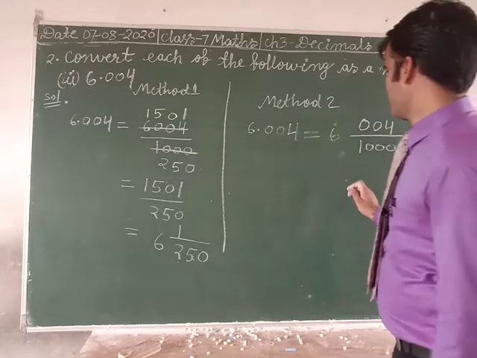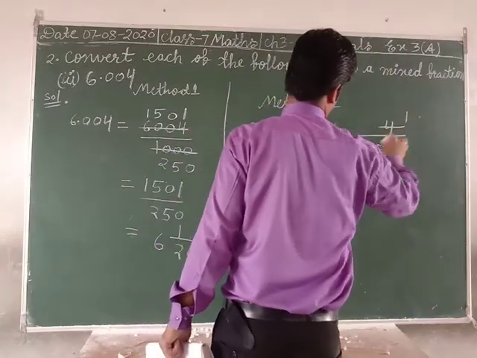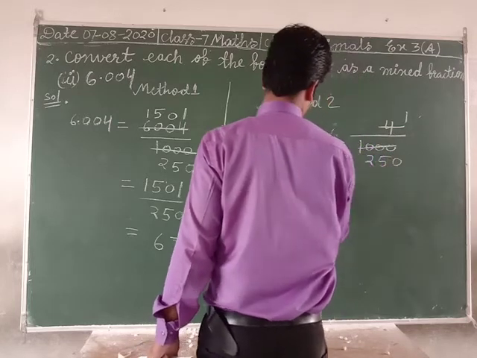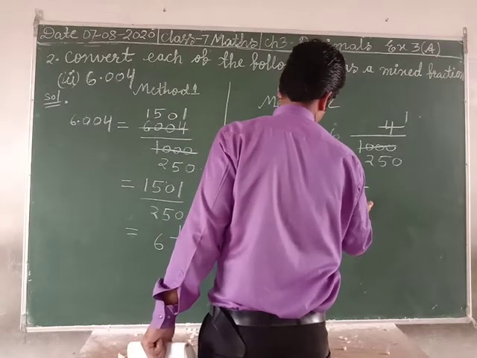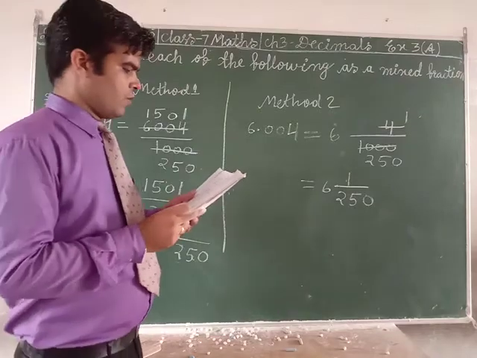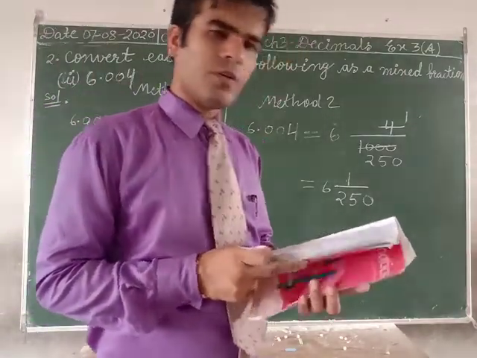Okay students, now this 0 has no meaning. So 4 1s are 4 and by 4 it becomes 250. So students, we write 6 integer 1 upon 250. Okay students, now question number 2 of 4 is your homework.